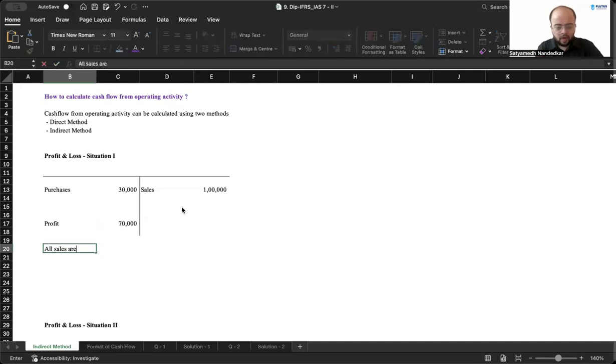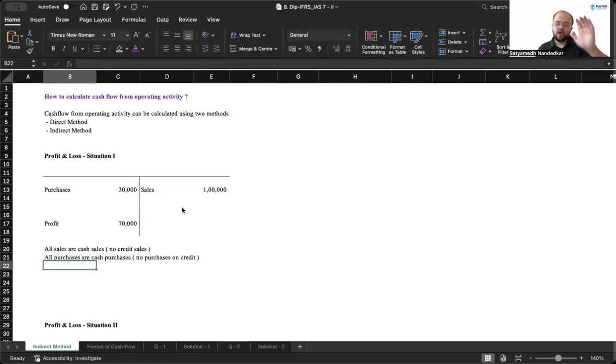Now, there are a couple of basic assumptions that we are going to make. All sales are cash sales. That means there are no credit sales, and all purchases are cash purchases. No purchases on credit. All sales are cash sales. All purchases are cash purchases.